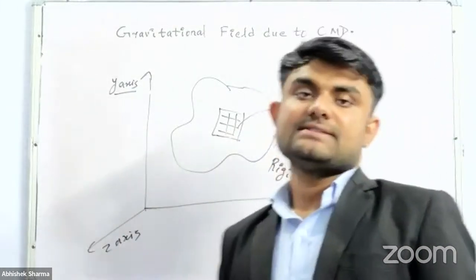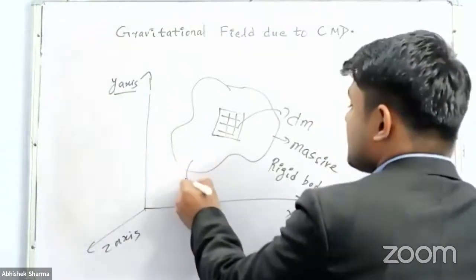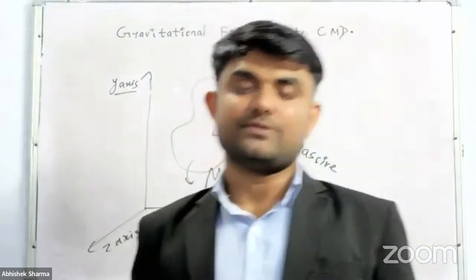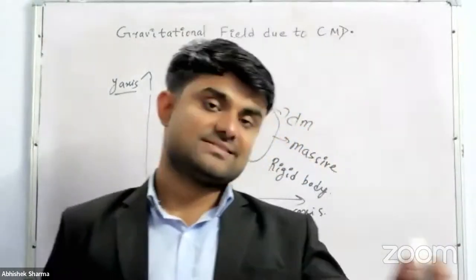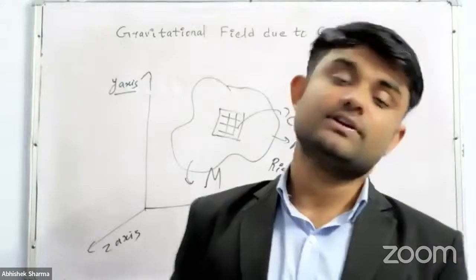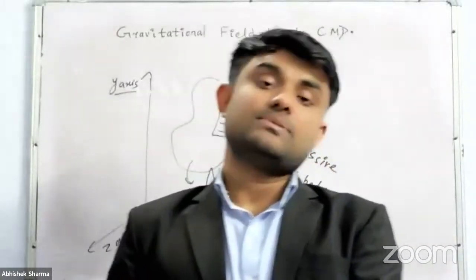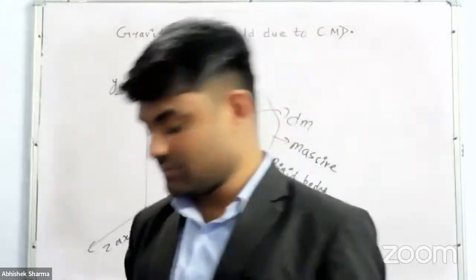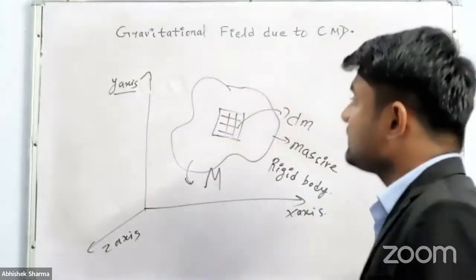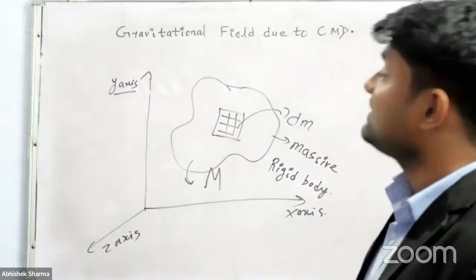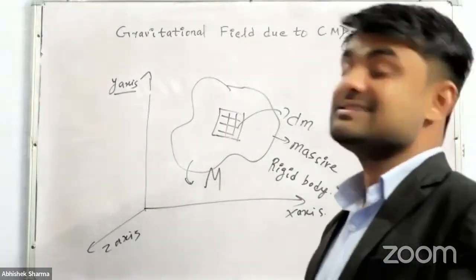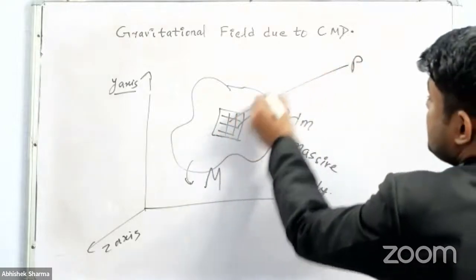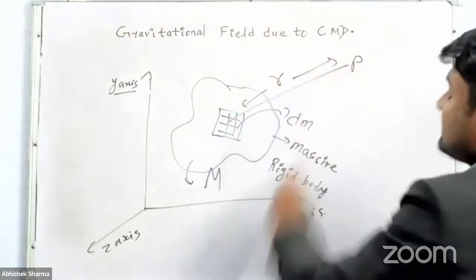Now suppose this complete body has mass, say capital M, and it's an irregular body. The mass density changes; it can be linear mass density, areal or surface mass density, or volumetric mass density. Now you are asked to find the gravitational field strength at any point P, at a distance R from this body.